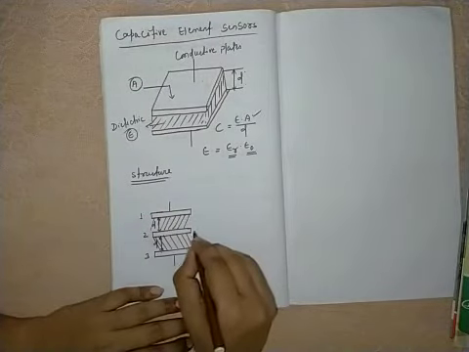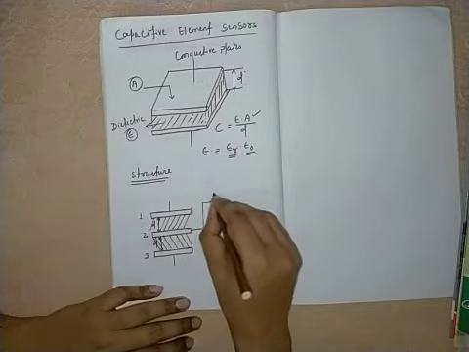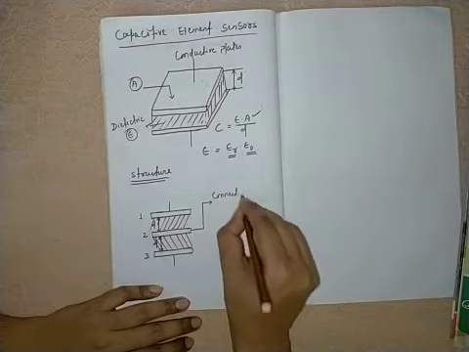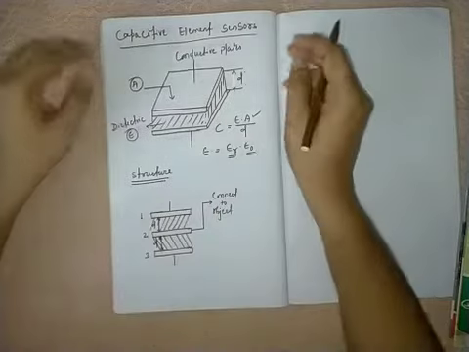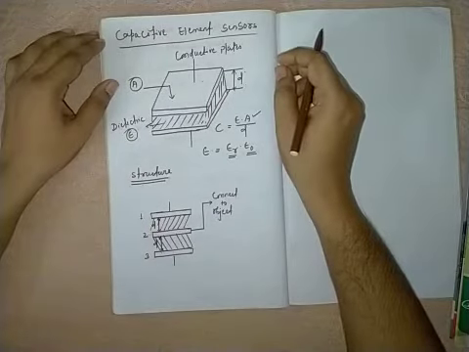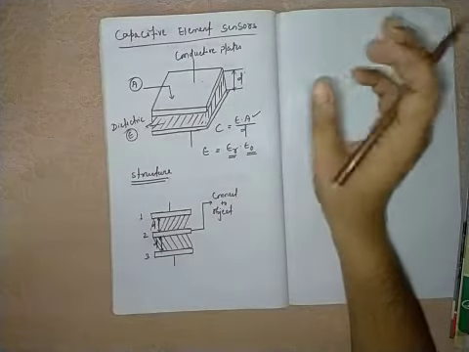Actually what happens, the second plate is connected to the object whose linear displacement we have to measure. It is connected to the movable object.